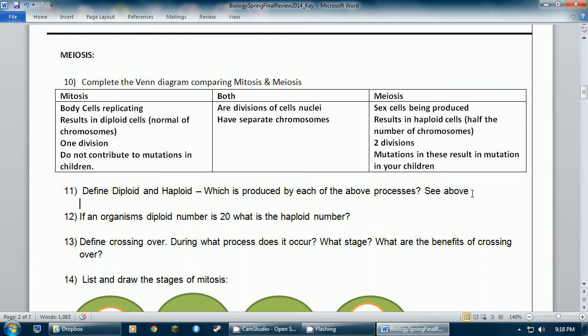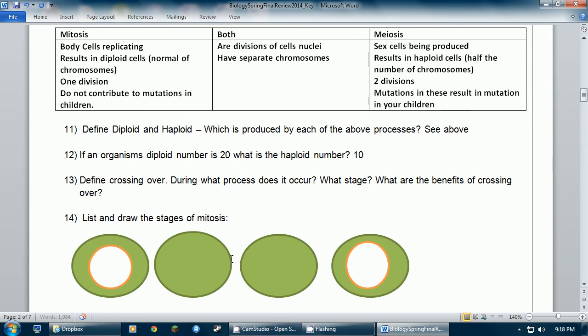What is produced by each of the above processes? Again, just see that body cells versus sex cells. If an organism's diploid number is 20, what is the haploid number? That would be 10. Half that. Define crossing over. What process does it occur in? Alright, so let's take that a step at a time.